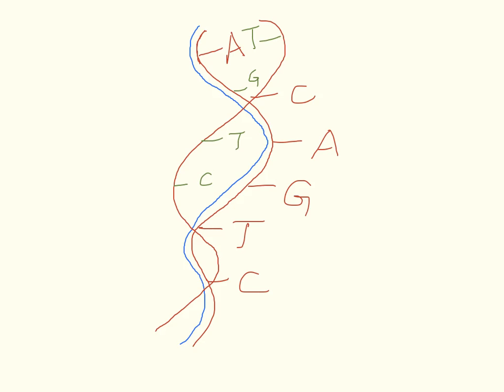So there's a hydrogen bond here. Let me just use another color because we want to make sure we're seeing the hydrogen bonds, right? Hydrogen bond like this, hydrogen bond like this, hydrogen bond like this, yeah?